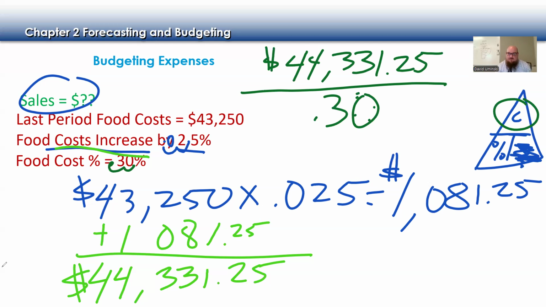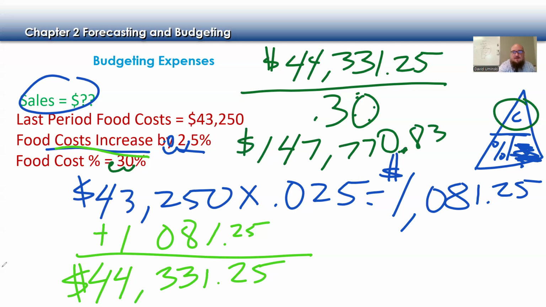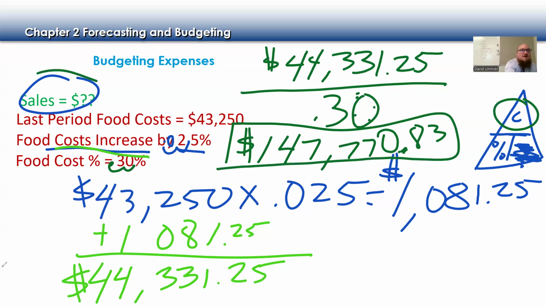So now I take $44,331.25, divide by the 0.3, and my answer is $147,770.83.